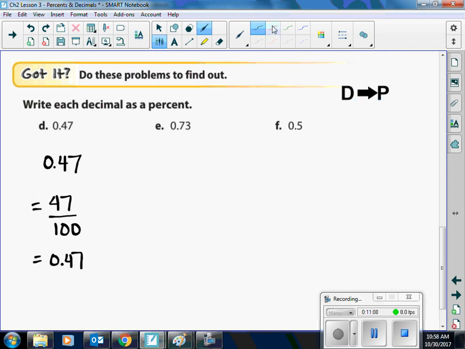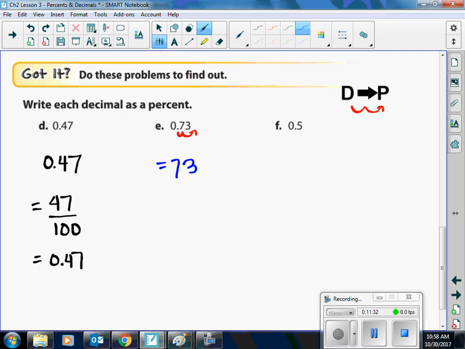Okay? And now, with these two, let's just use our easier way, right? Just moving the decimal 2 places to the right. Very good. And then we have to make sure you add the percent sign, right? So here, 0.73, we're going to move the decimal 2 places to the right, and add the percent sign.